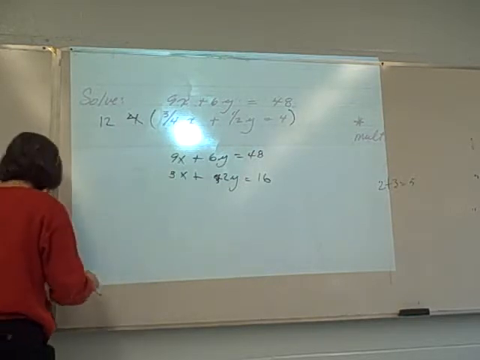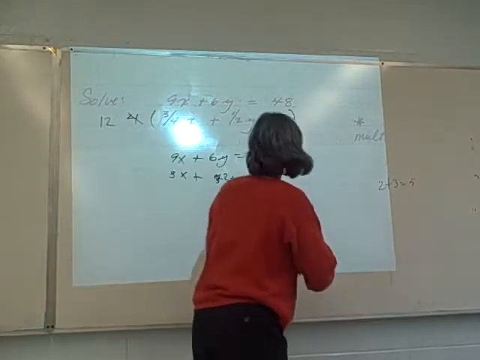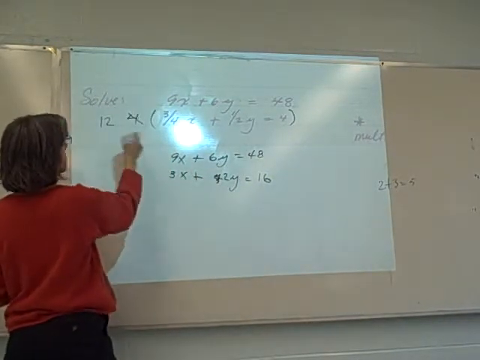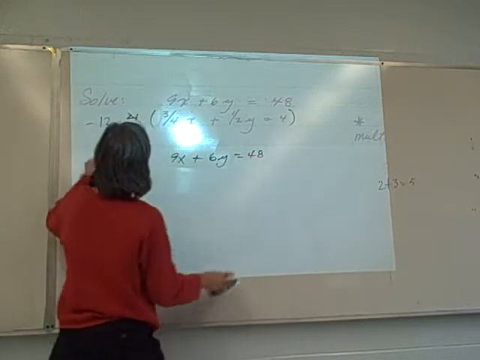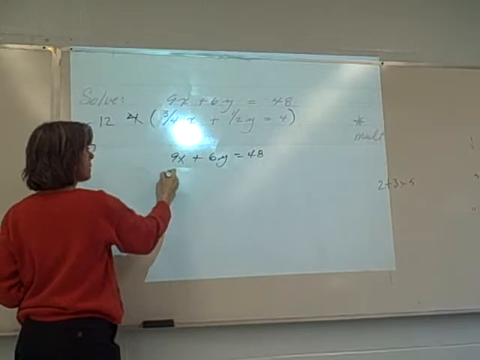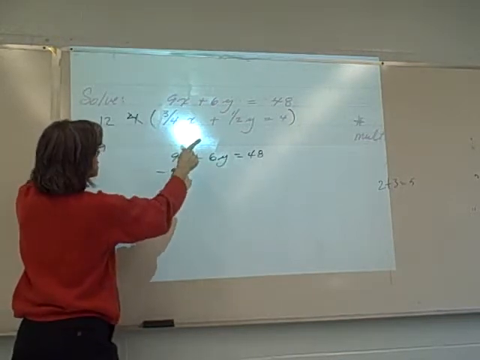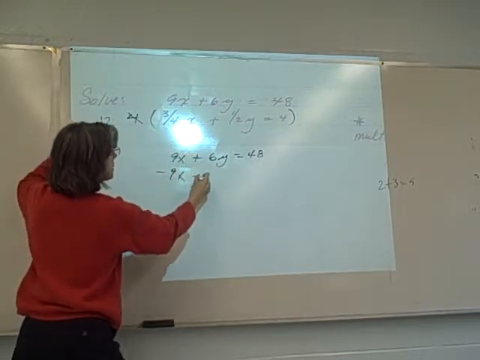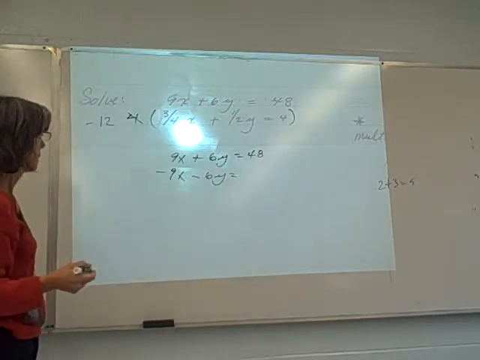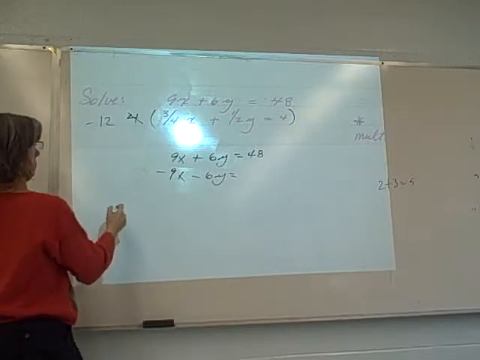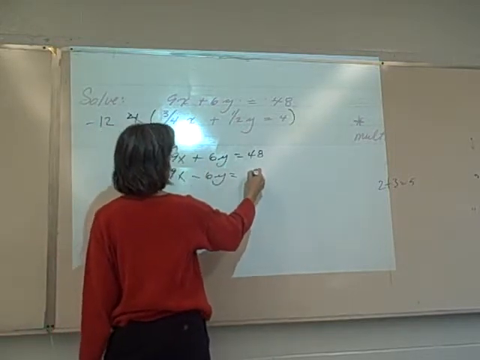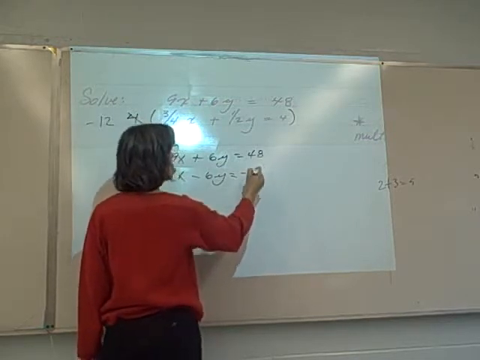And if I had multiplied it by 12... wait, what do we want to multiply by, a negative? Negative, yep, good. So let's see what we have. A negative 12 would give me negative 9x, and this would have been negative 6y, and let's see what's going to happen, negative 48.